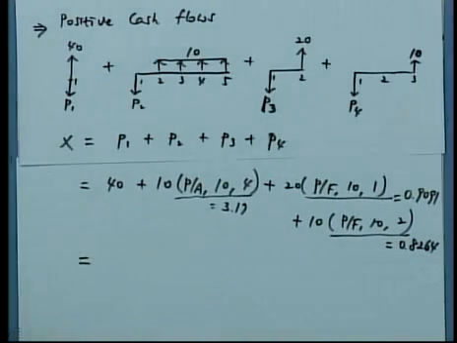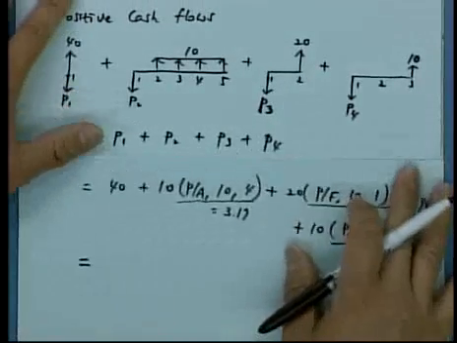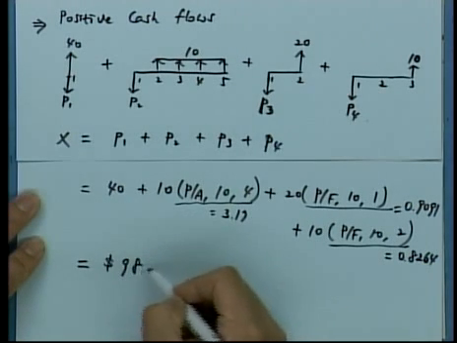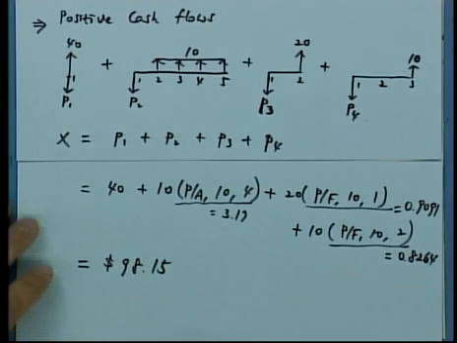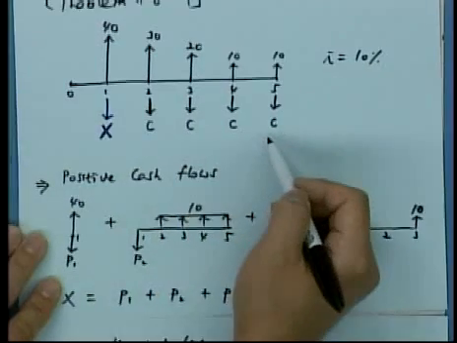Then what is the value of x at the end of period 1? This is going to be $98.15.